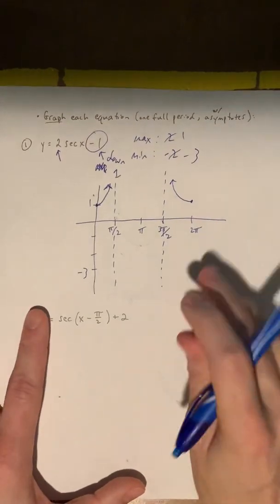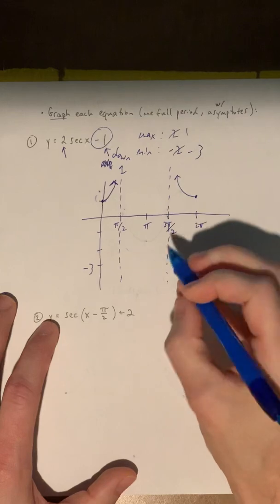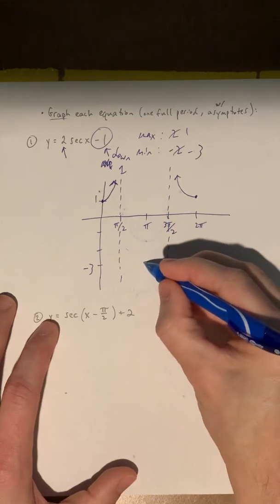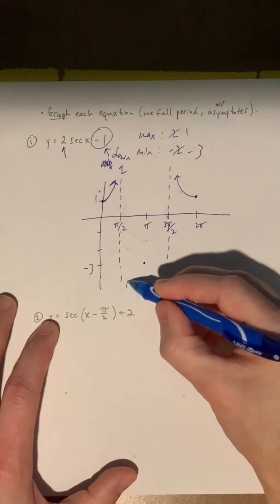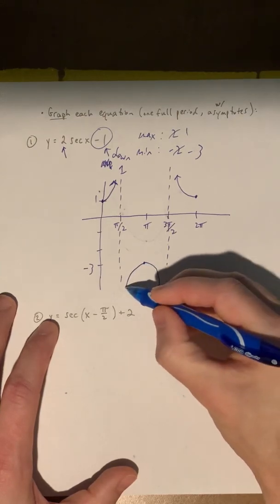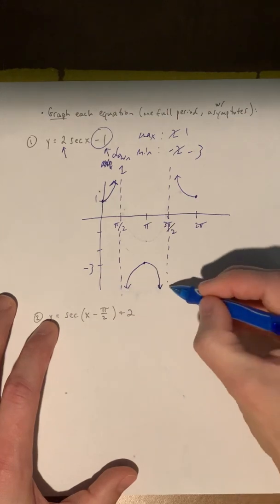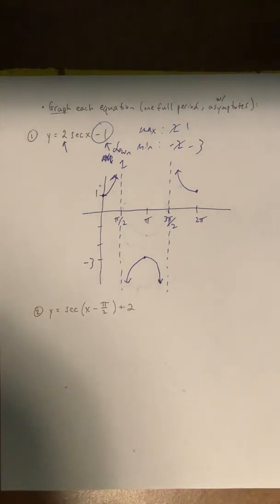And then the center part between the asymptotes, the minimum -3, so a point right here, it's really the maximum though for the curve. And we have our upside down curve like such. All right guys, there's number one.